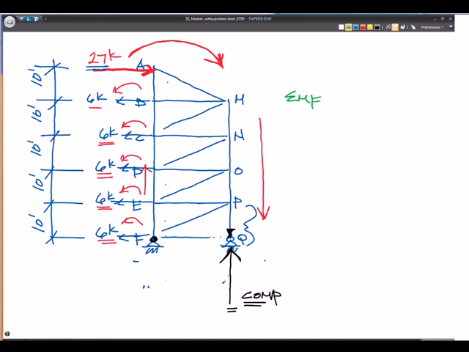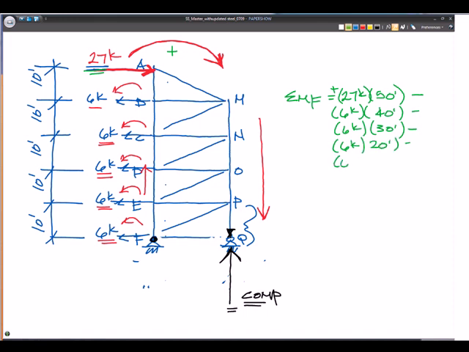So sum of the moments about F. Well, that's equal to this 27 kip load times 50 feet off the ground, and that's positive. It's clockwise rotation, minus 6 kips at 40 feet, minus 6 kips at 30 feet, minus 6 kips at 20 feet, minus 6 kips at 10 feet.